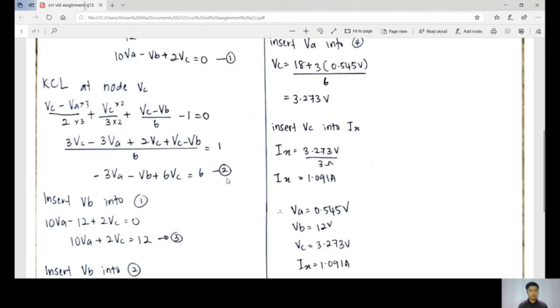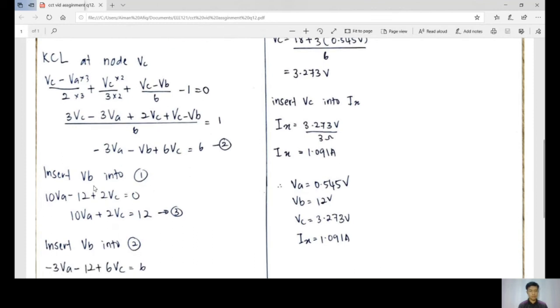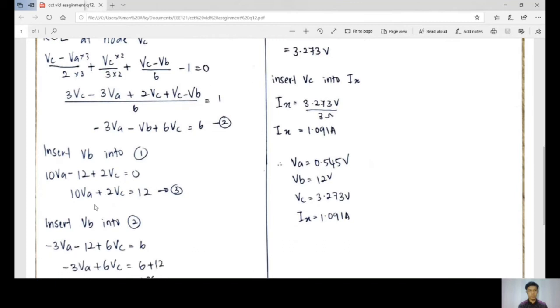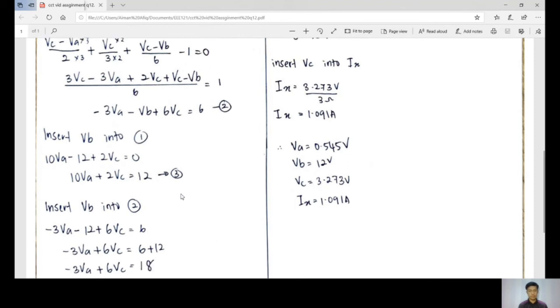Then, since VB has a value, we insert VB into both equations. We insert VB into equation 1 first. So 10VA minus 12 plus 2VC equal to 0, and we get 10VA plus 2VC equal to 12. We set it as equation 3.